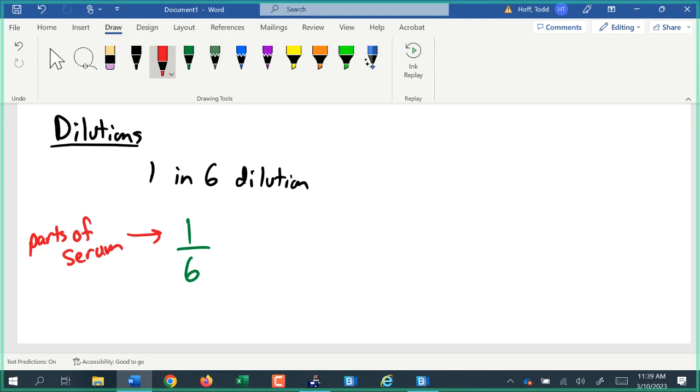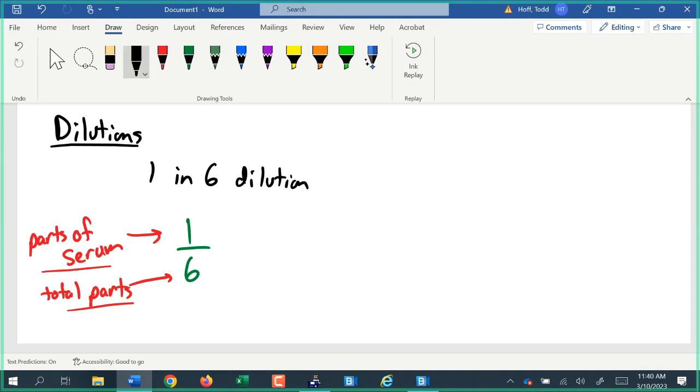Remember, serum is just the active ingredient, whether it's a medication, an antiseptic, vitamin supplement, electrolytes, or even just another solution that's more concentrated. And then 6 was the total parts. That's how much we had once we're done mixing it, once we're done diluting it. And as we've said, doing it in this way is very important because then this calculation applies to a lot of other things that we would do.